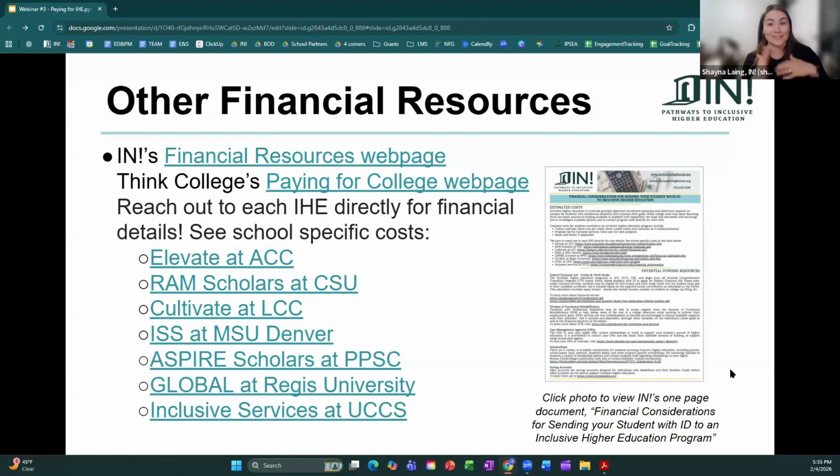Here are some of their components, how long they last, and if it's residential or not. And also here's what's anticipated. Here's the average cost for that institution, just so you can see what's feasible for your family to maybe hone in on. That kind of gives you a good comparison of cost in the state of Colorado, knowing that all of these pieces and resources might be able to help you chip away at that.